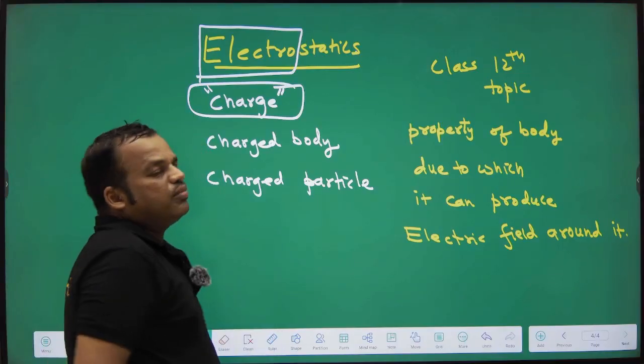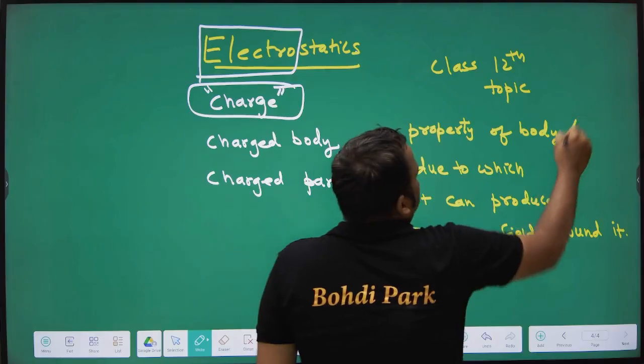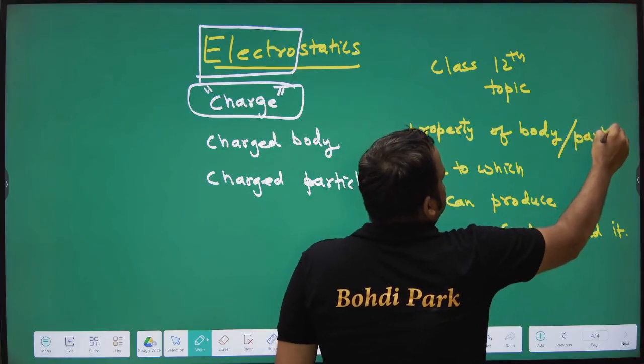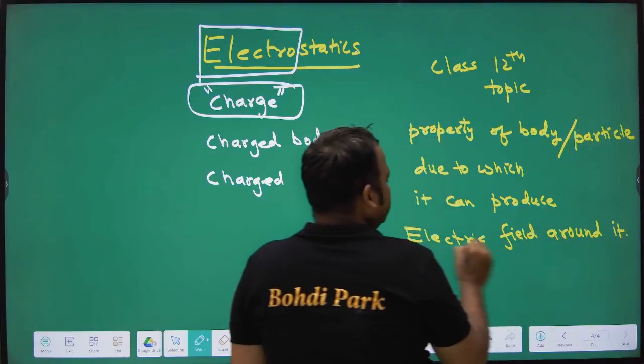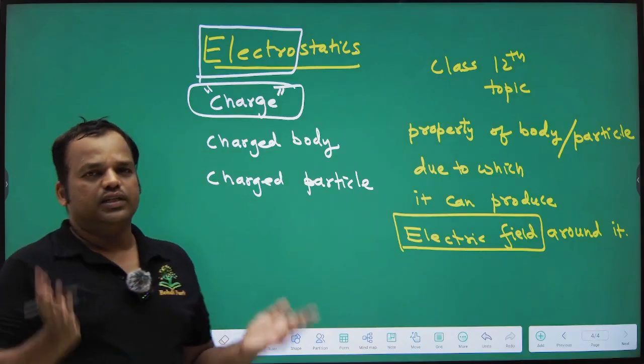So charge is a property of a body. It can be a particle also. Property of a body or particle. Now, creating an electric field means what? What do you mean by creating an electric field around itself?